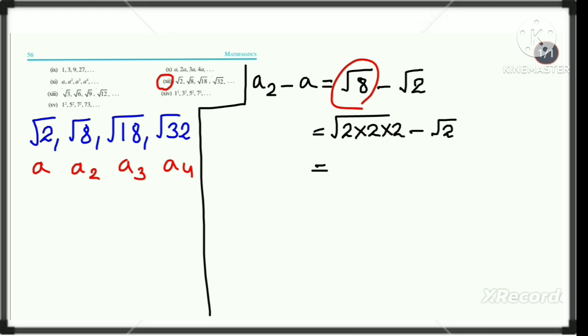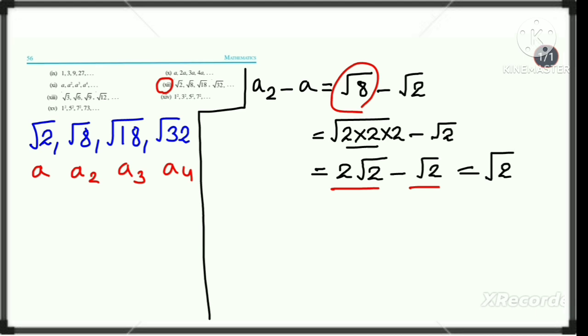And here it has a pair, so it can be taken out, and here remains root over 2 minus root over 2. Now here is 2 root 2, and here is 1 root 2. After subtracting, we obtain difference between a2 and a1 will be root over 2.